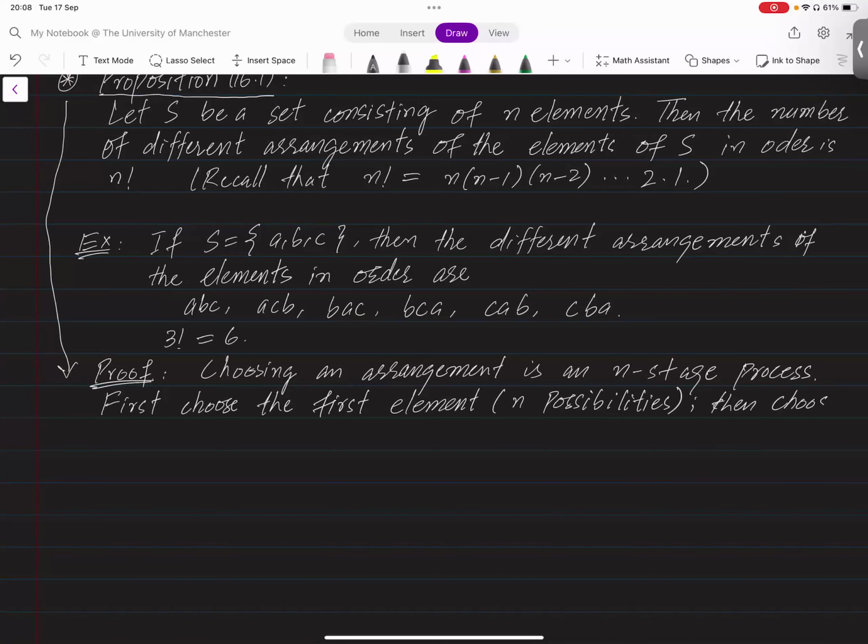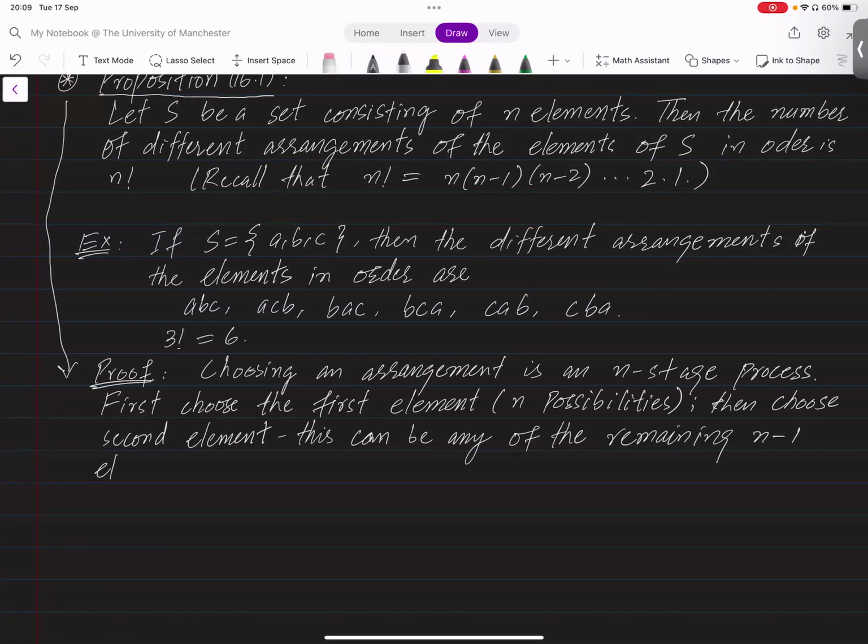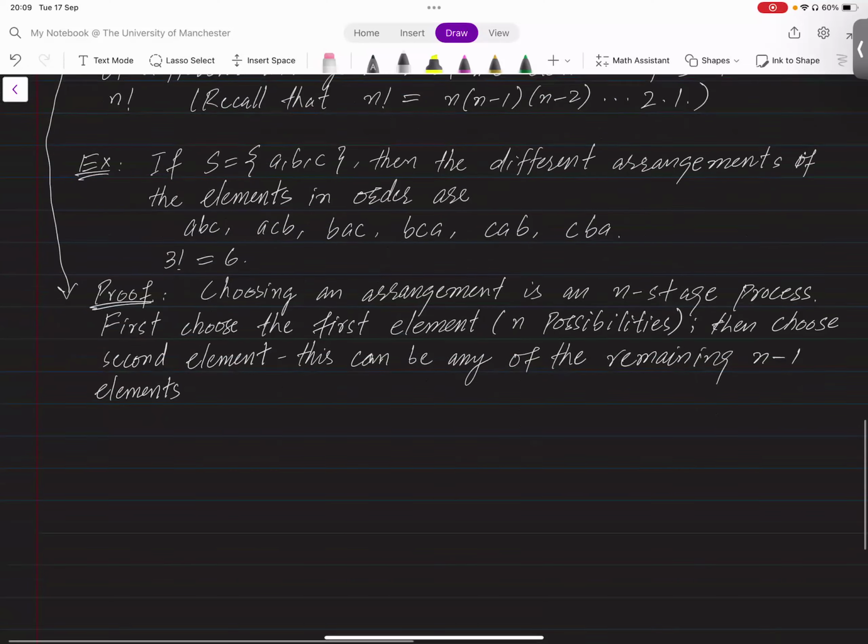Then choose the second element, and this can be any of the remaining n minus 1 elements.